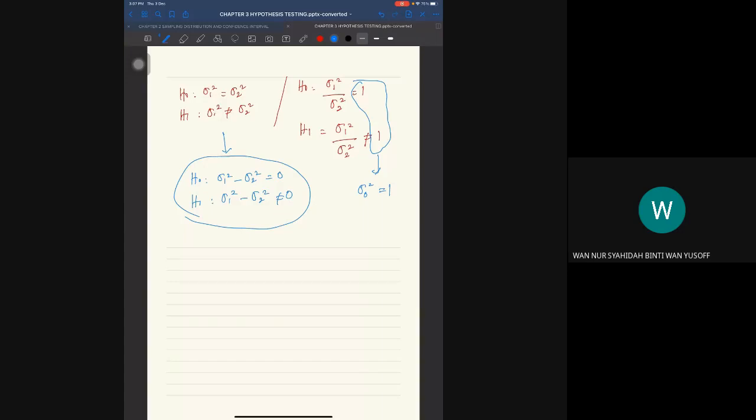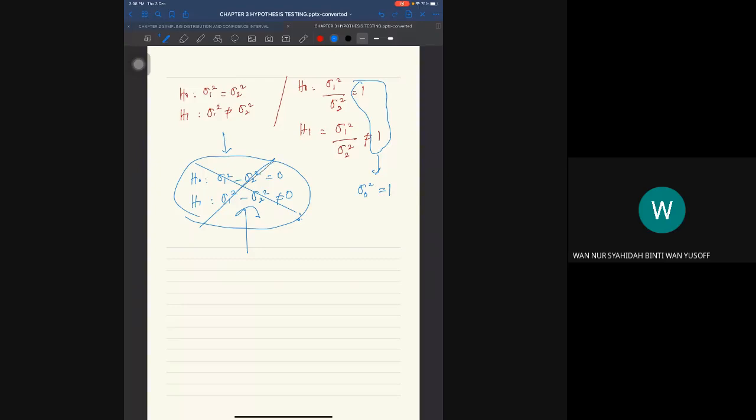We cannot write this hypothesis in this form because it is not a difference. When we have two population variances, it is a ratio, so this one cannot be right. We cannot write it as a difference, because it is the ratio of variances, not the difference of variances.